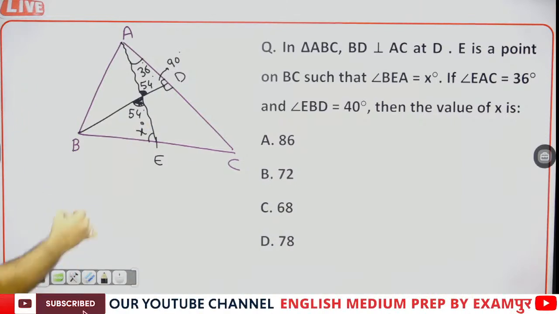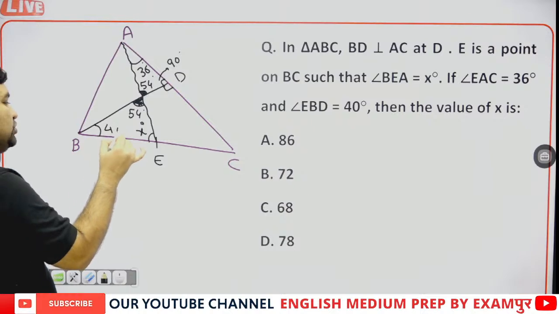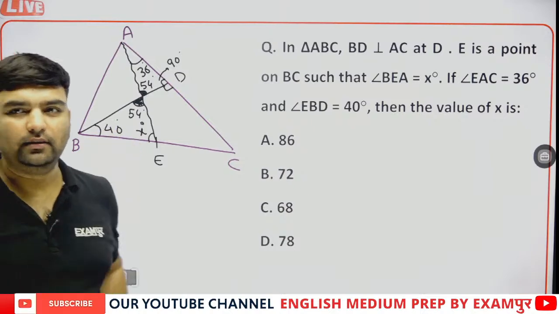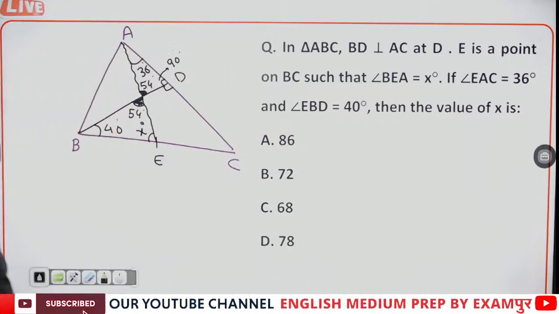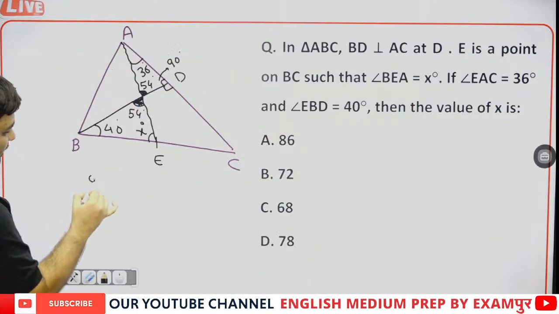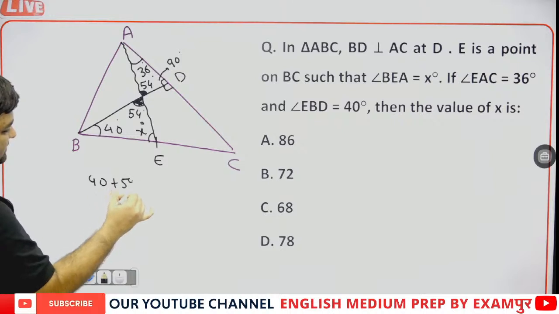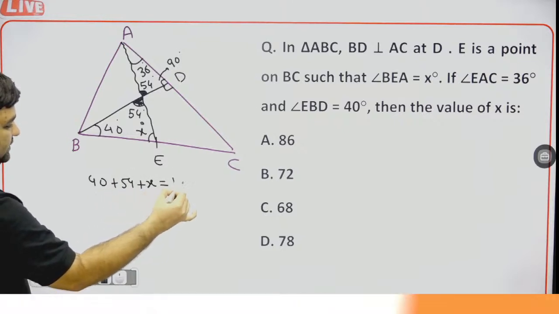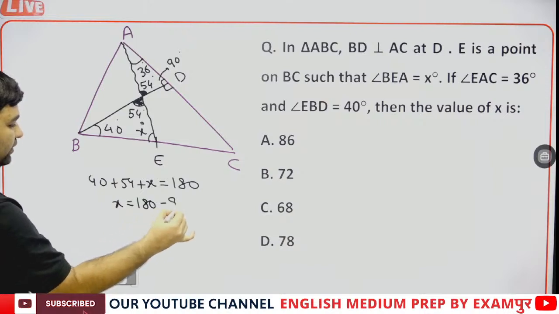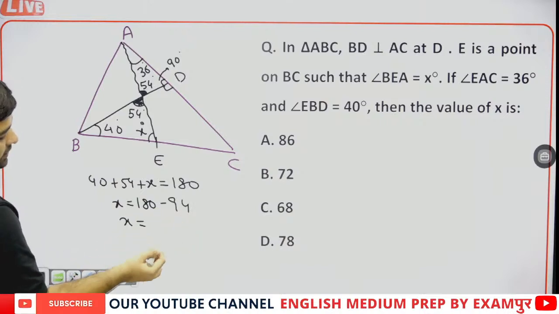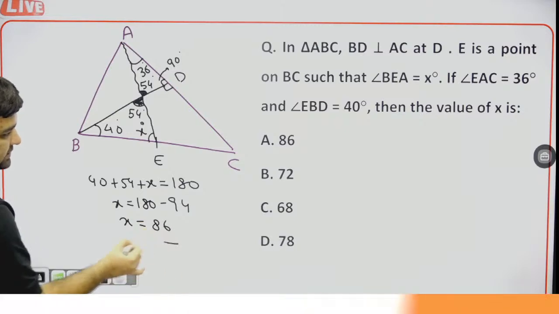Angle EBD is 40. Everything is known, so why are you worried? You will say, sir, 40 plus 54 plus x is 180. So x is 180 minus 94, which is 86.